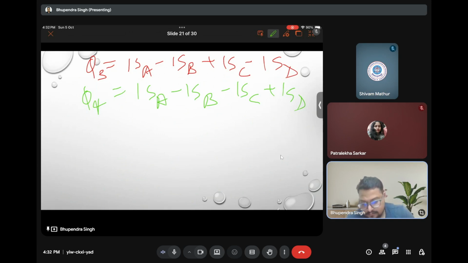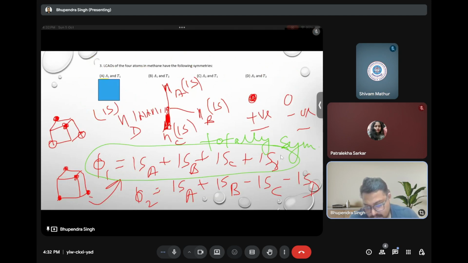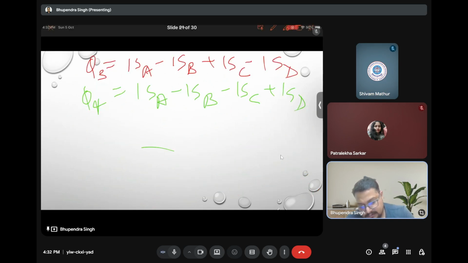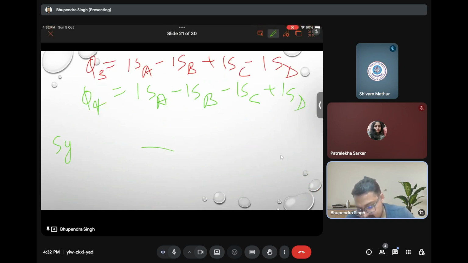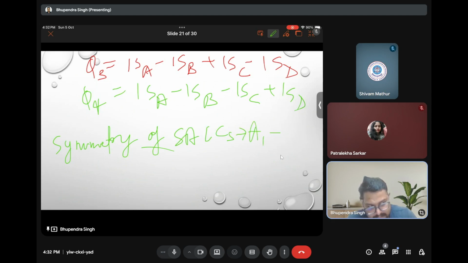So if you try to find out the following symmetry, as I have already told in the previous question, the symmetry of the SALC will be A1 plus T2.